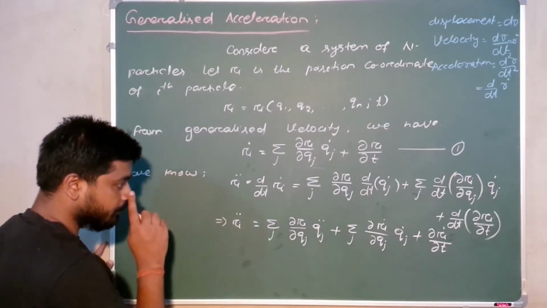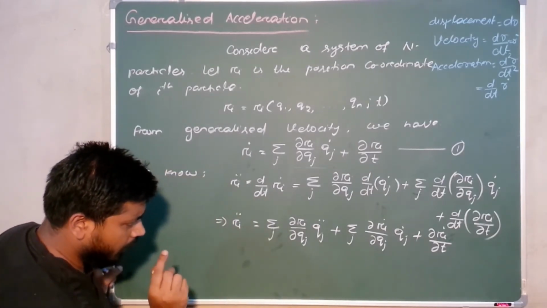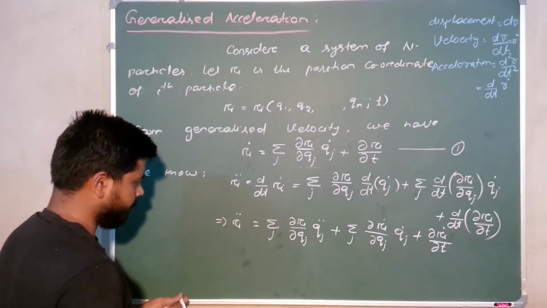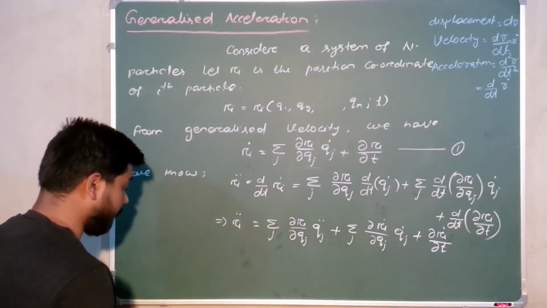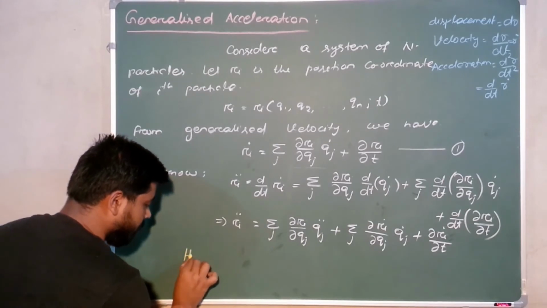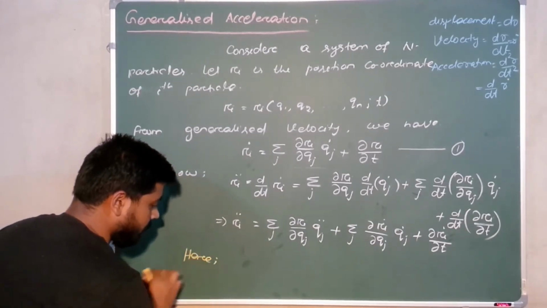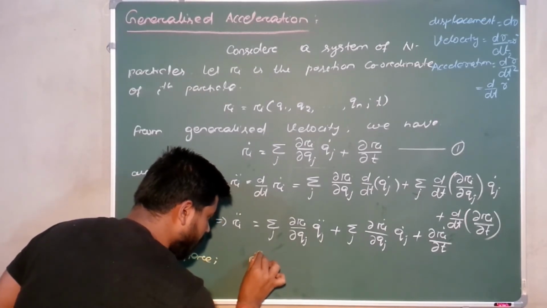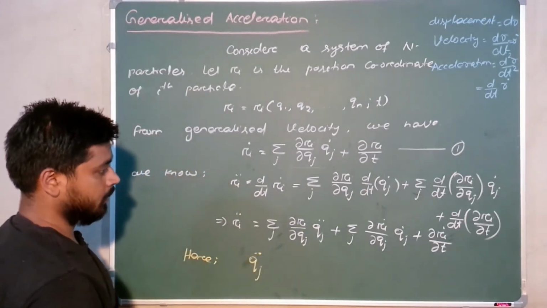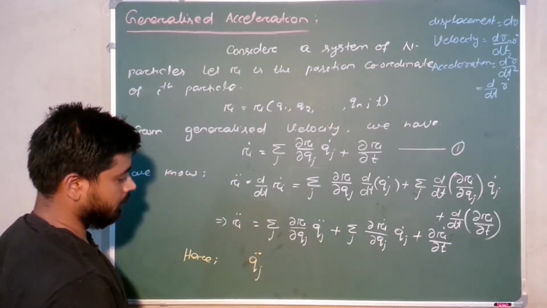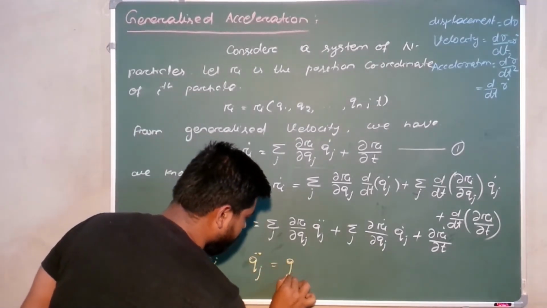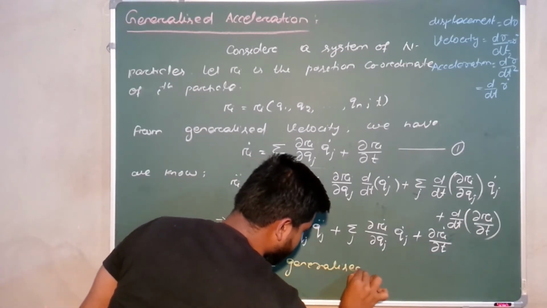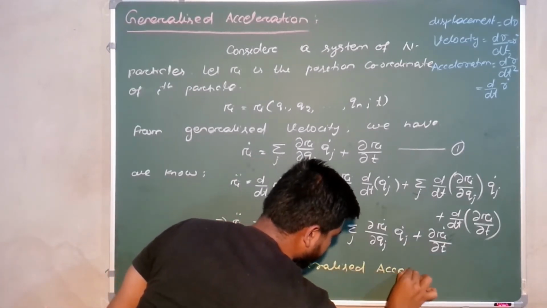Then just see. Nothing to do, this is over. Here you can write this equation: qj double dot is the generalized acceleration.